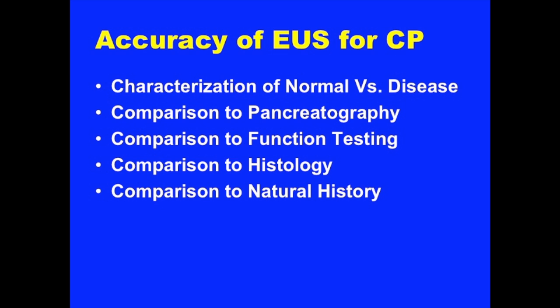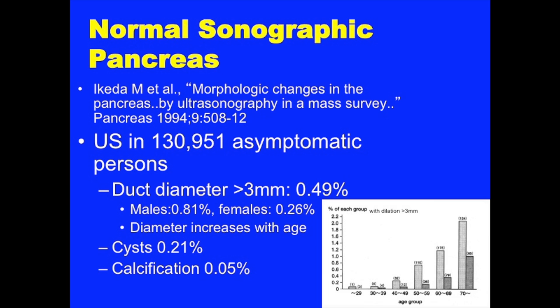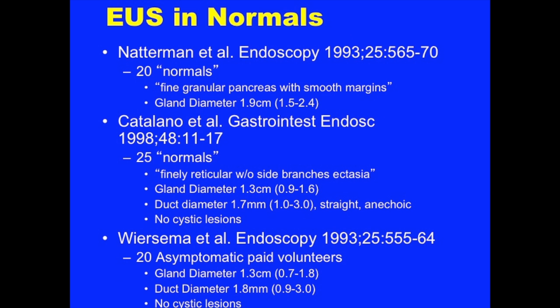Again, back to this accuracy characterization of EUS for chronic pancreatitis, we have to look through these different categories. The normal appearance of the pancreas is a salt and pepper pancreas with a non-dilated duct. We don't normally have cysts or calcifications.